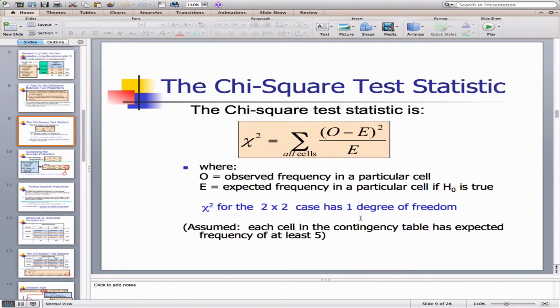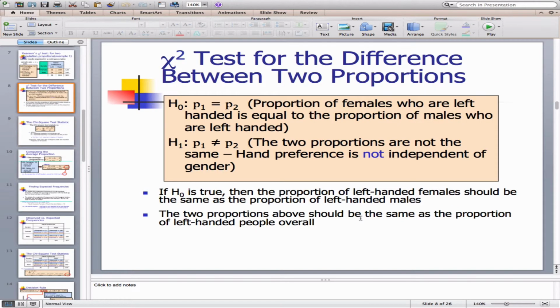And let's see. I don't want to go into the details of how we set up a chi-square test, because for the next lecture we will spend more time on that. But essentially, I want to give you an idea of what the chi-square test is. It tells you the difference between expected and observed.